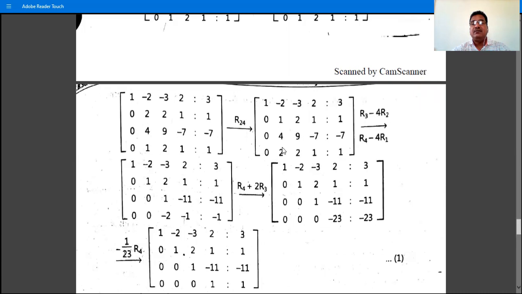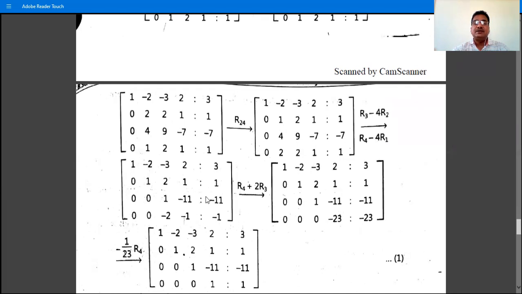This is right. Then R4 minus 2R2. So the operation is R4 minus 2R2.